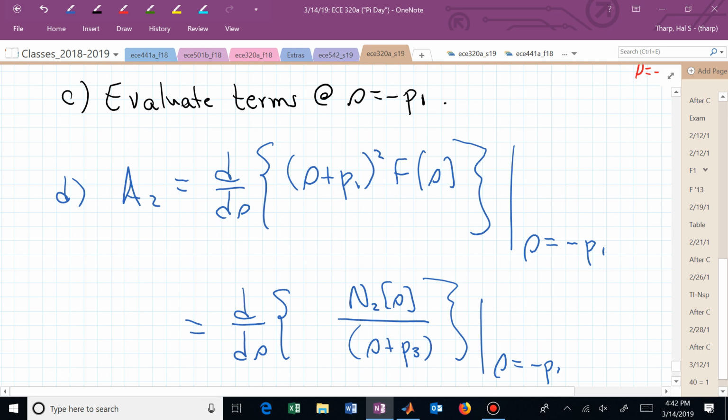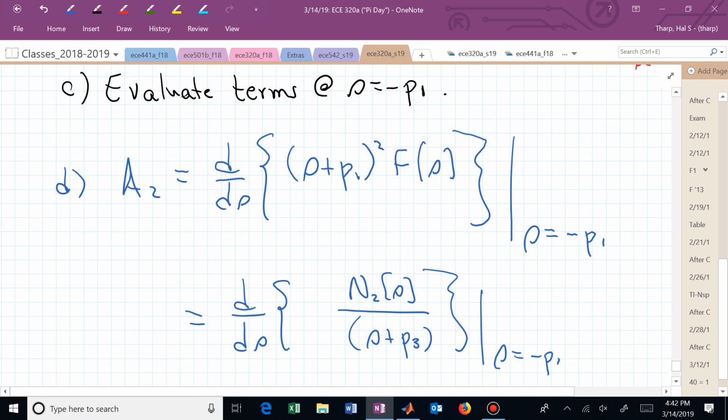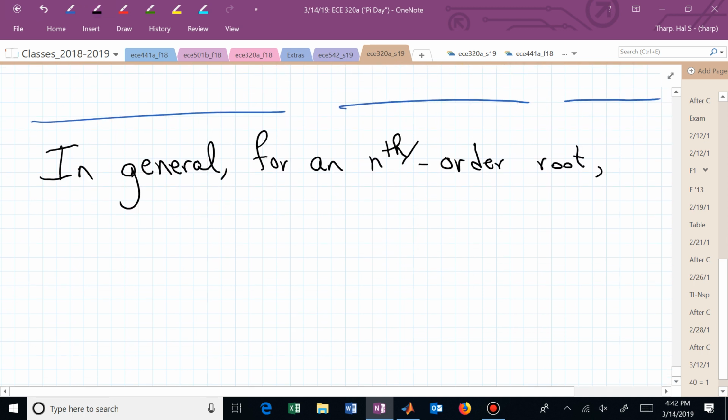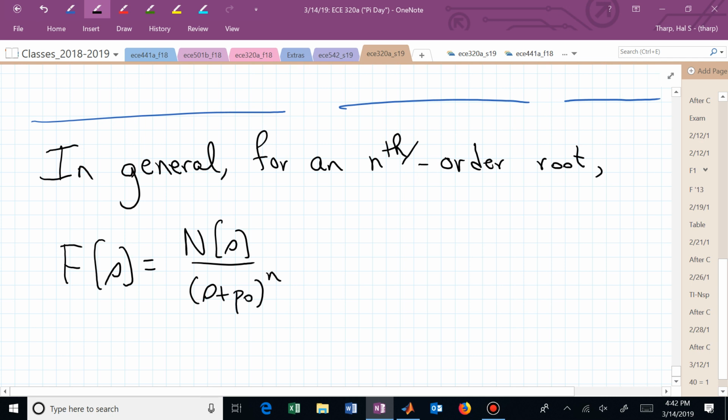But in general, what's going to happen for an nth order root? We have now f of s is equal to n of s over, let's just say we have one root and it's repeated n times.